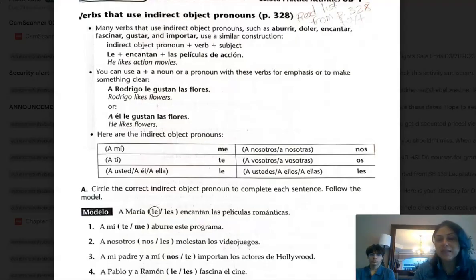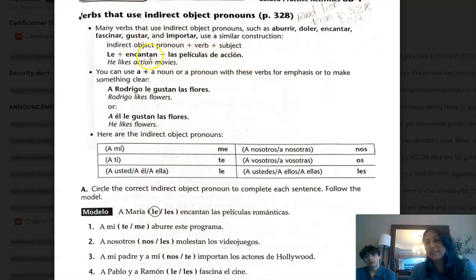So here we see the example. Le is the indirect object pronoun. Then you have the verb, encantan, and then you have the subject, las películas de acción. So keep in mind, where is the subject? I think that's why you were having difficulties with that sentence about vestidos. The subject is here at the end.